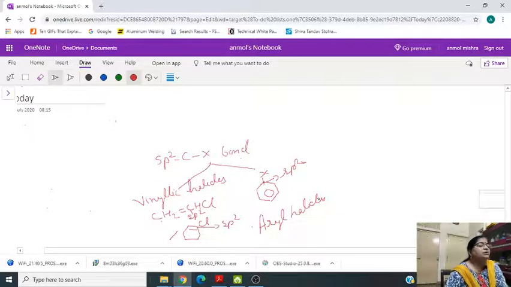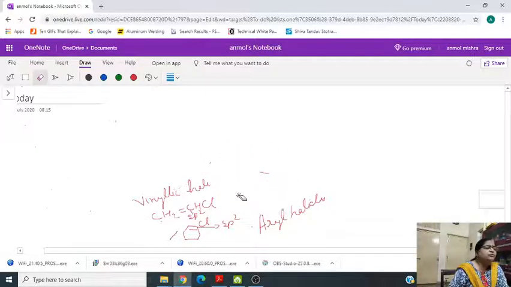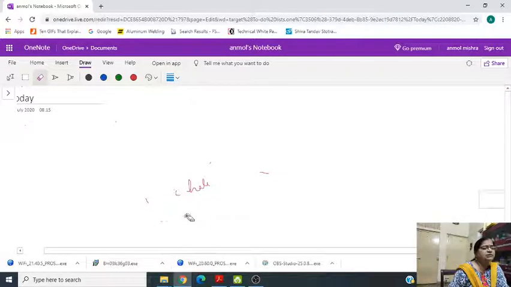Now, the next topic is IUPAC naming of the haloalkanes and haloarenes. General rules for IUPAC naming we have studied in class 11th. Some of the rules which I would like to repeat or refresh for you. First rule is choose the longest possible carbon chain.